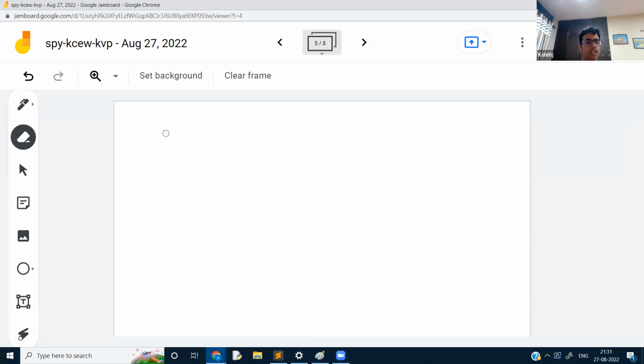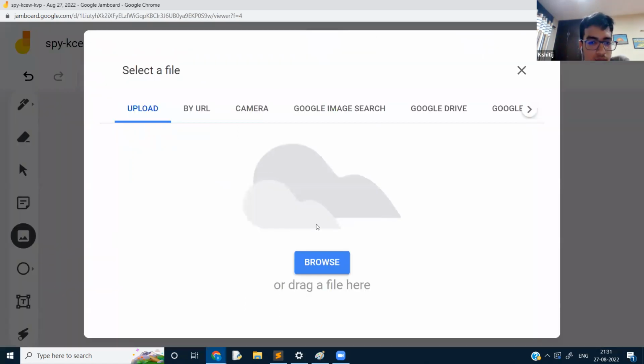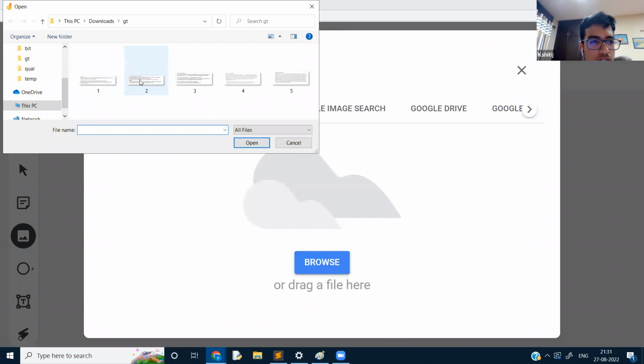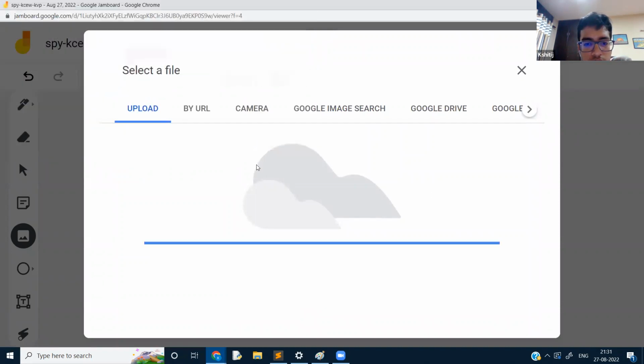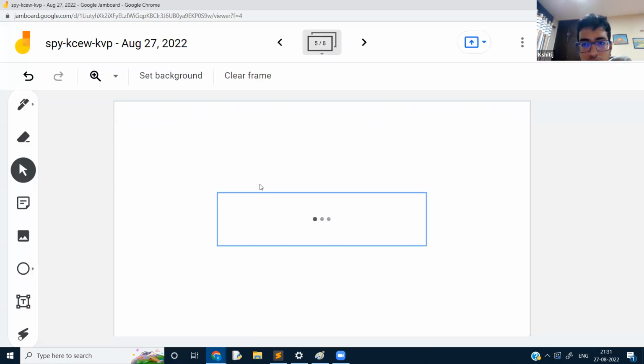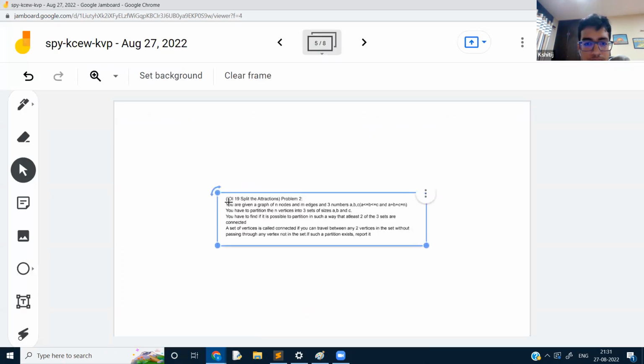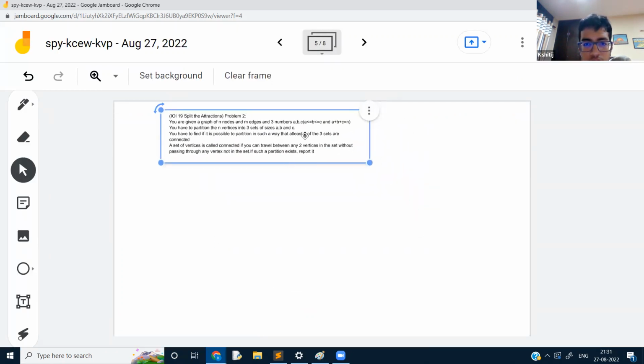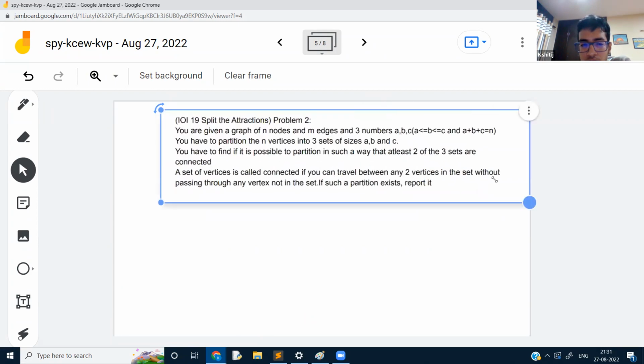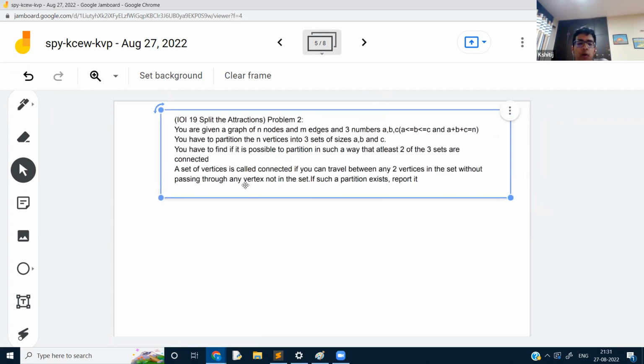I will cover another problem. This one is a hard problem. Basically, you are given n nodes, a graph.